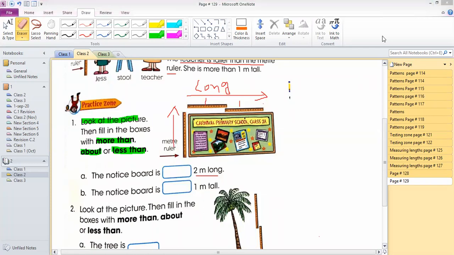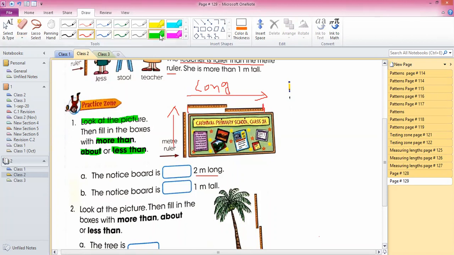So I will help you guys with how you will do it. You can check that 2 meter long reaches up to here. Its starting point is here and the ending point of 2 meter is here.